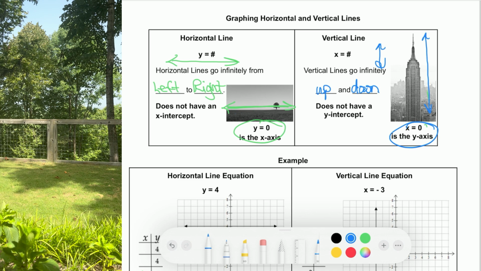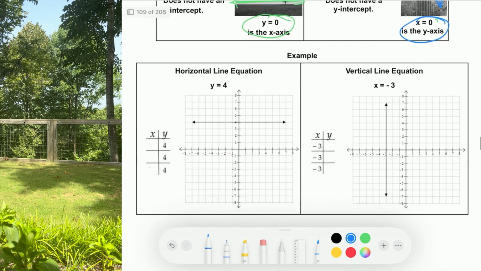That's the only time it'll actually touch it. And x equals 0 is the only time that your vertical line will touch the y-axis, because it is the y-axis if x is 0. And when you graph, you'll see what I mean there. But otherwise, they should not intersect if it's one of these lines.